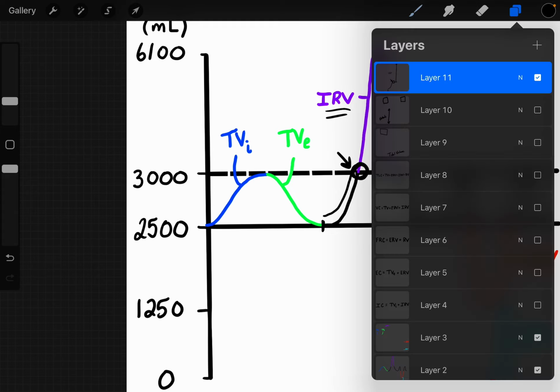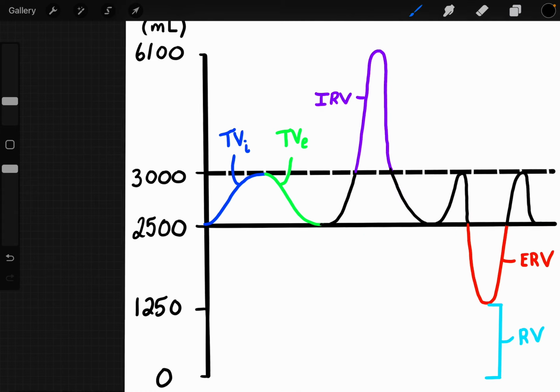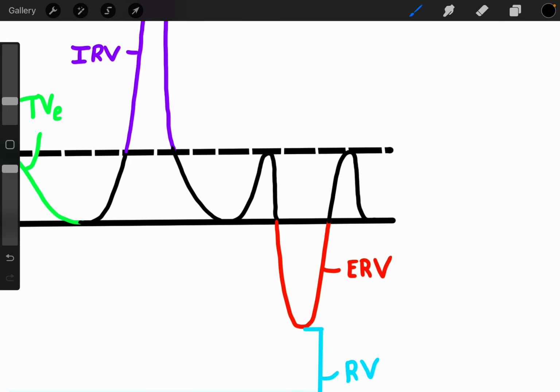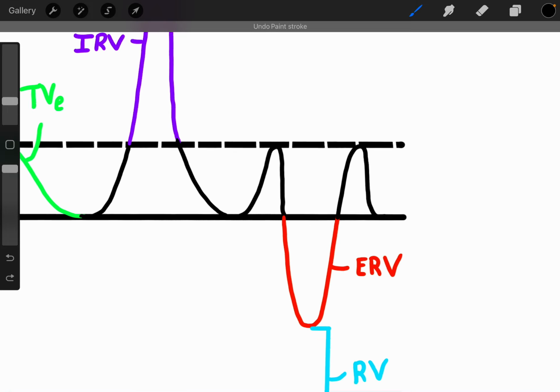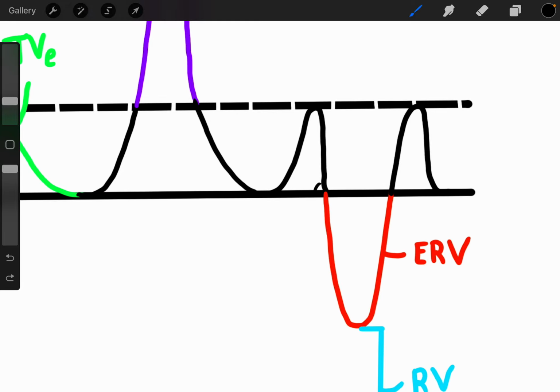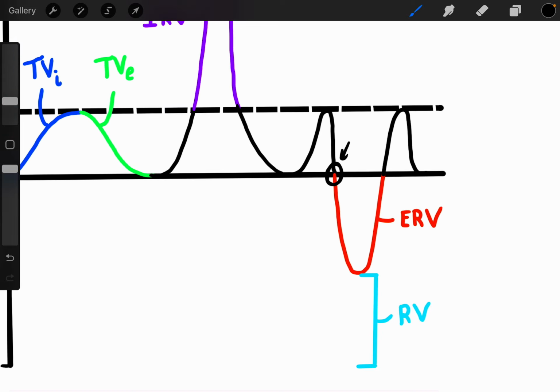Now, as we continue through the chart, you've got essentially a normal breath here. Then we get over here to where the red begins. So here is our start point, right here, for once you breathe out a normal breath out, you're going to forcefully exhale. How much air can you blow out? In this case, we're going to be measuring this distance.